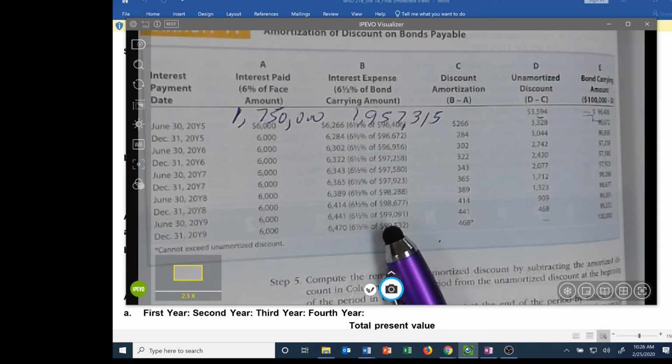No, wait, up here. Up here is 50 million. 50 million minus D. So that gives me column E of how much? How much is column E?